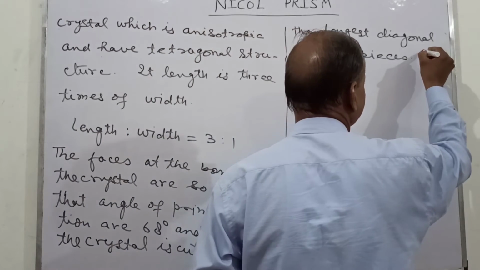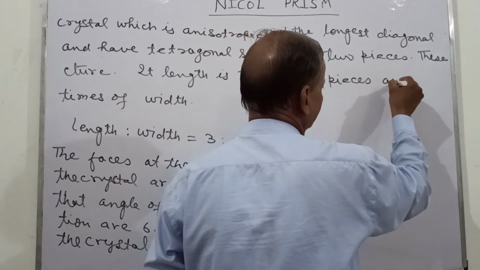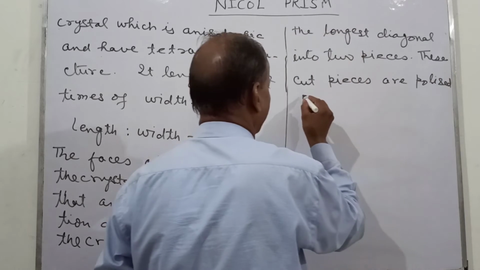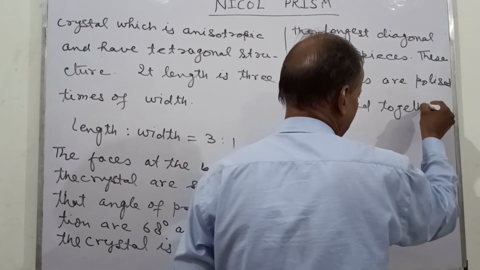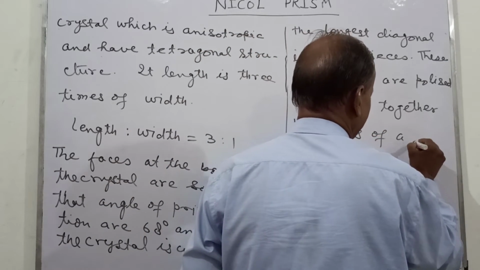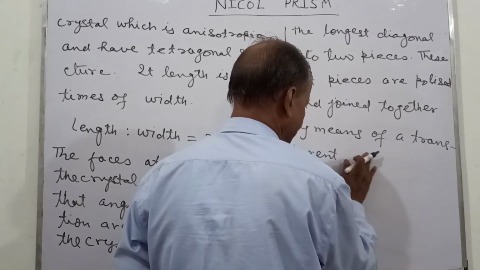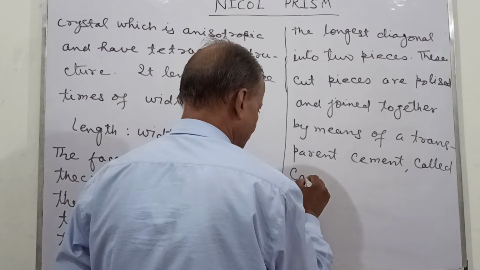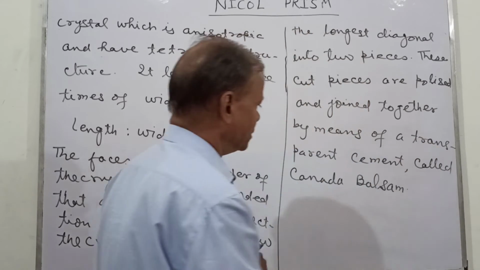Now these cut pieces are polished and joined together by means of a transparent cement called Canada balsam.